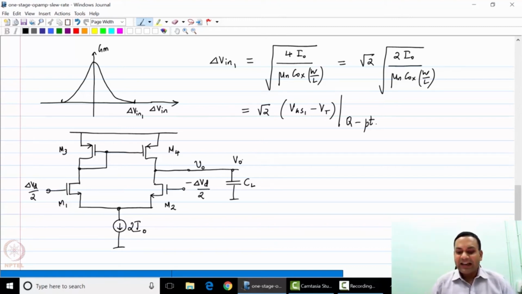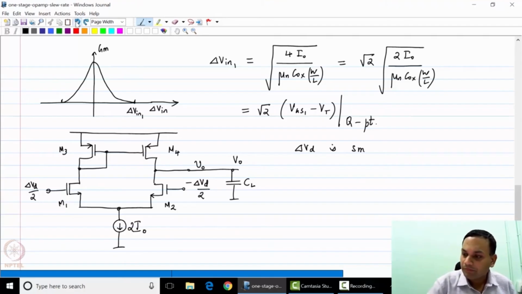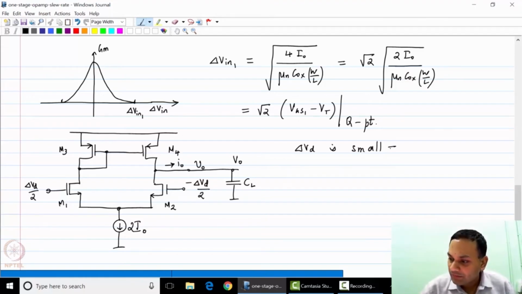Now, if I were to apply a differential voltage delta VD, let us first start by assuming delta VD is small. If delta VD were small, I can calculate what IO is.